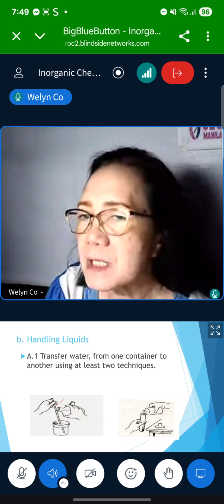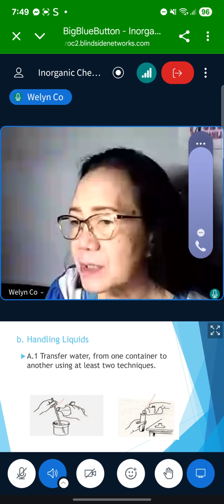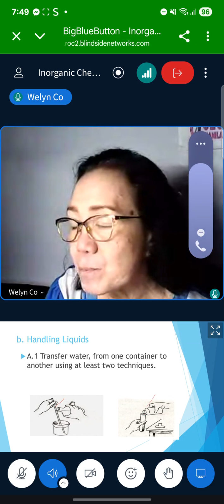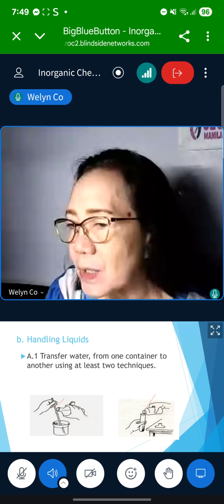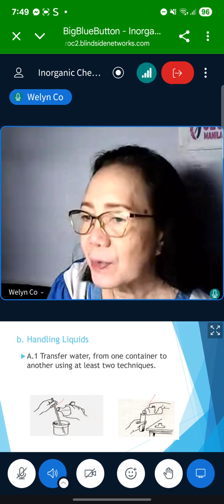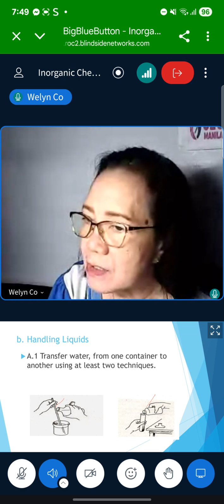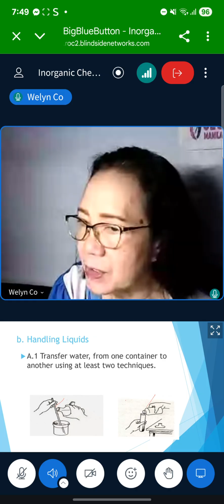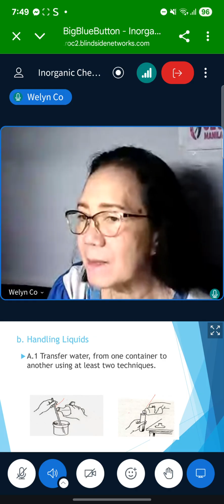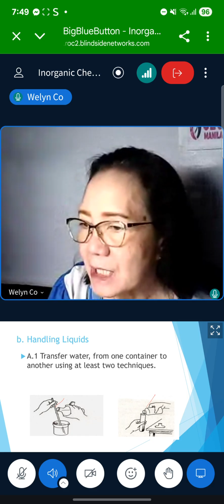Or if it is a small bottle lang naman ang ating stock bottle, then you can directly pour a minimal amount. Siyempre, what I always advise you is to place the liquid into the vial, bring it into your working area or your table, and that's the time that you have to measure it using your graduated cylinder.